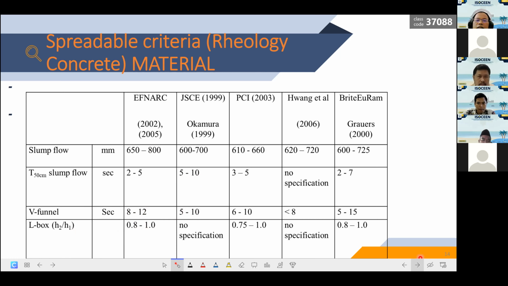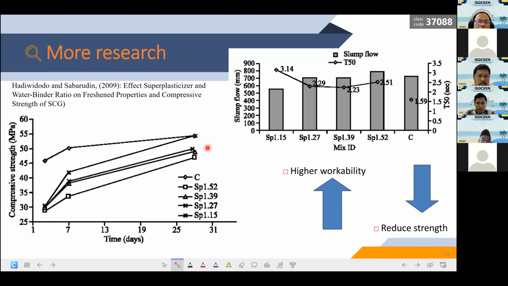Okay, maybe this is my last slide. In normal concrete, when we want to make concrete with higher workability, it affects the strength.